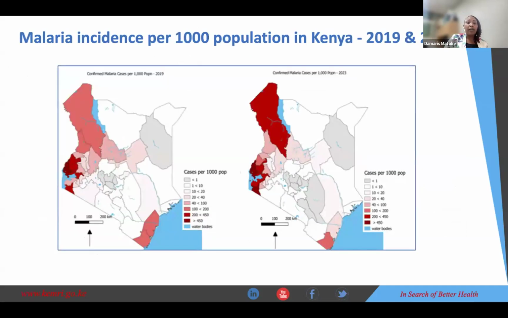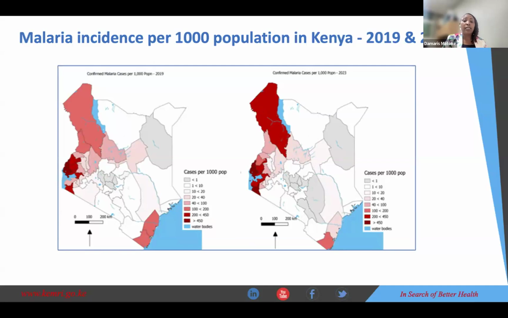When we look at malaria incidence per 1,000 population in Kenya, this map projects what happened in 2019 and what was projected for 2023. It showcases that malaria in Kenya is expanding, or increasing, into areas which were known to be low transmission areas, like Turkana County, which are now becoming stable malaria transmission areas.